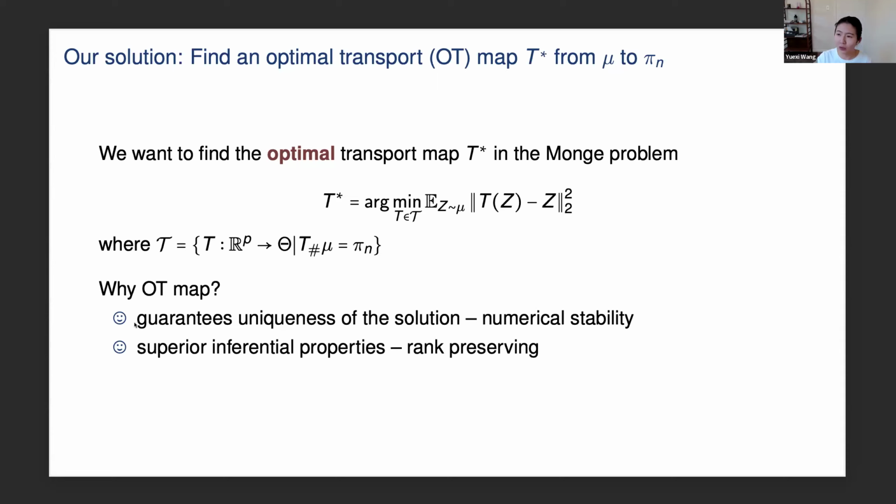First, by looking at only the optimal transport map, we are guaranteed the uniqueness of the solution. This will usually give you some numerical stability in your actual implementation. And second, as we will show later, this OT map enjoys superior inferential properties, and we refer to this as rank-preserving properties.